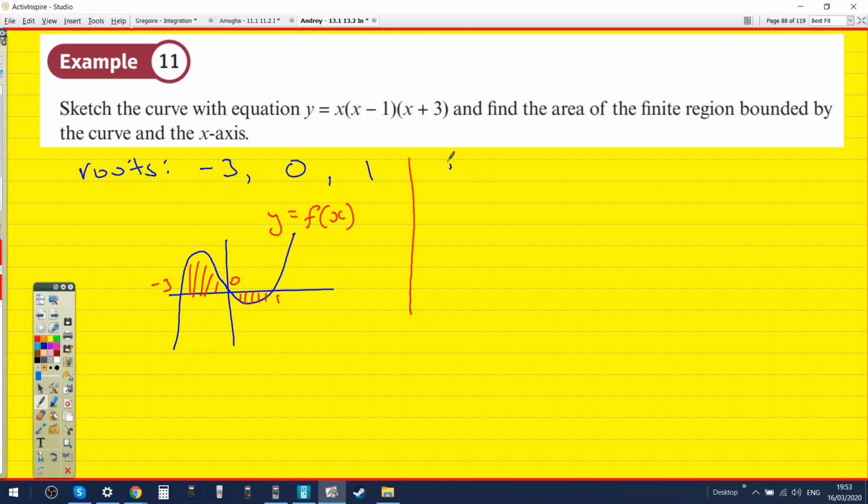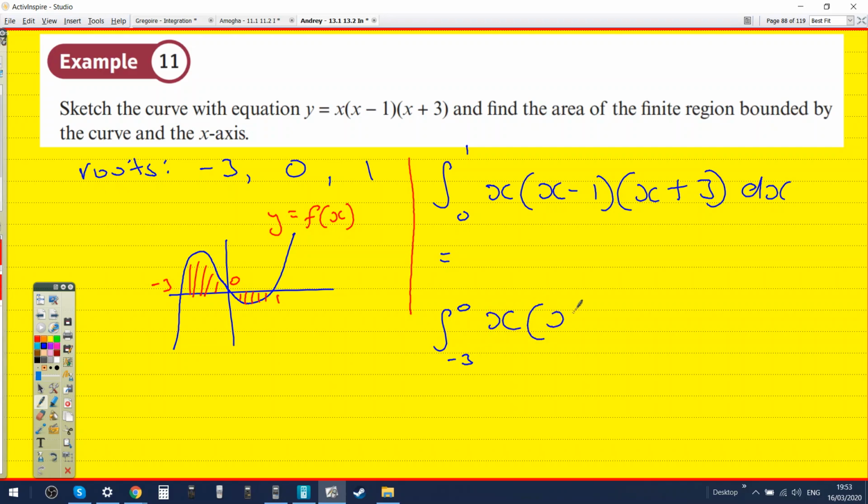And so that would be, so the first one is 45/4.